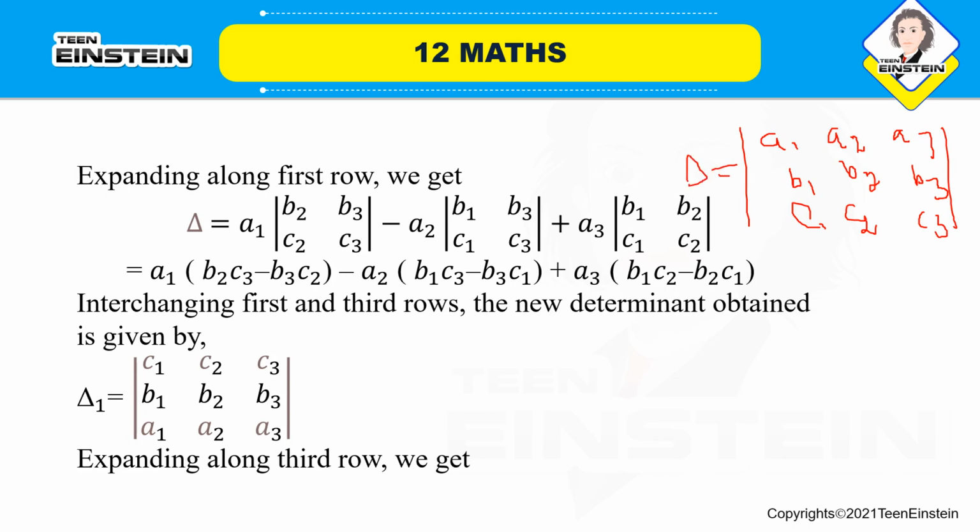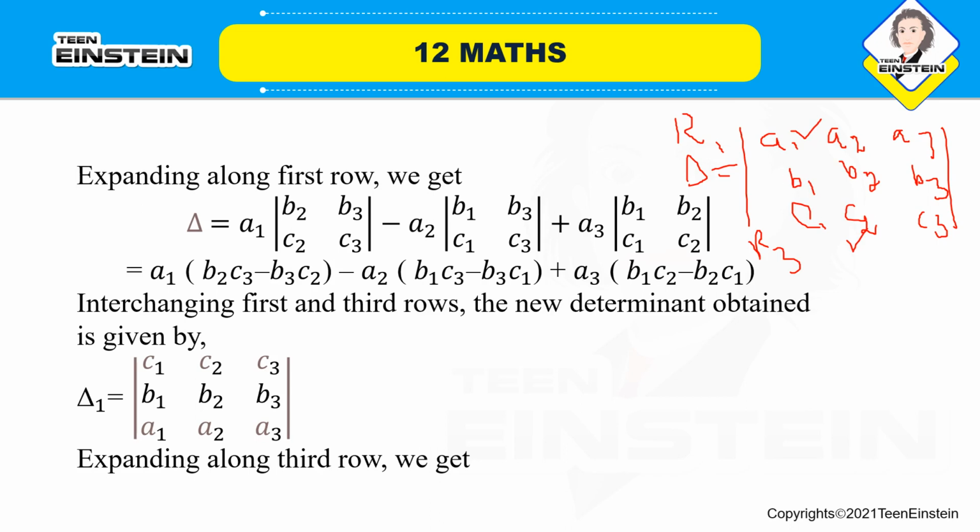Now I am interchanging the first and third row. The first row is represented as R1, so A1, A2, A3 is the first row, and the third row is denoted by the symbol R3. R refers to rows, and this is the order of the row. So R3 elements are C1, C2, C3.